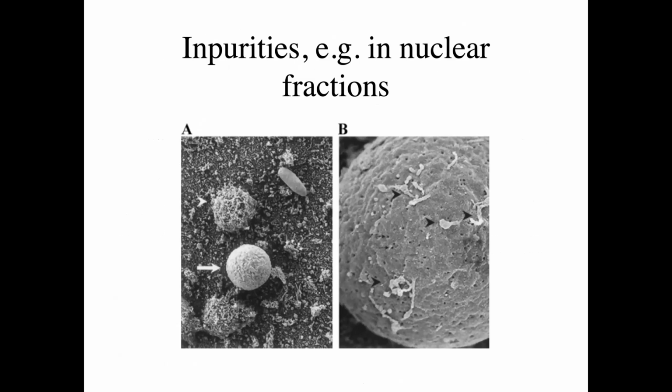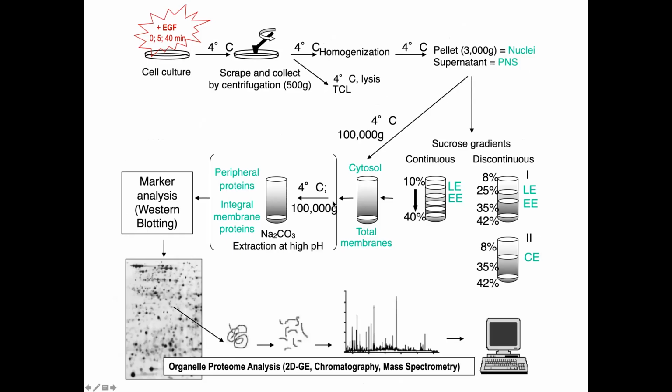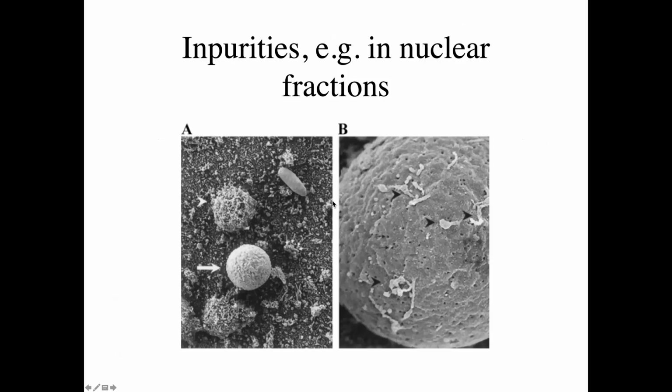When we look, for example, at purified nuclei, these kind of contaminations that we carry along become obvious. Here is a purified nucleus after the post-nuclear supernatant. This is cell debris that we recover here. And when we zoom in with the scanning electron microscope on this nucleus, we see a lot of membranes sticking on this nucleus. So now what are these membranes?